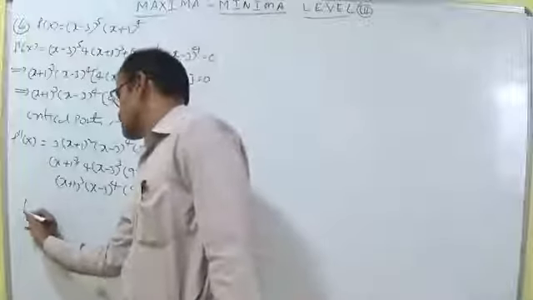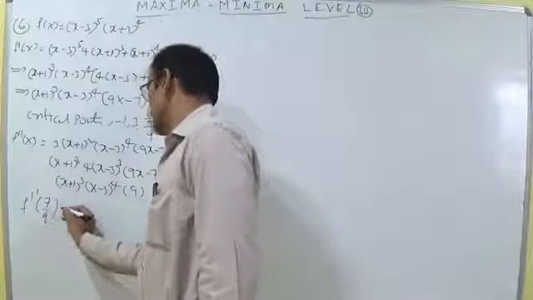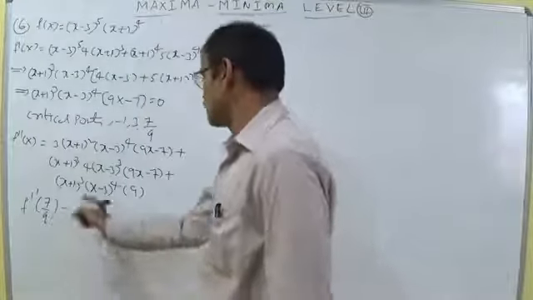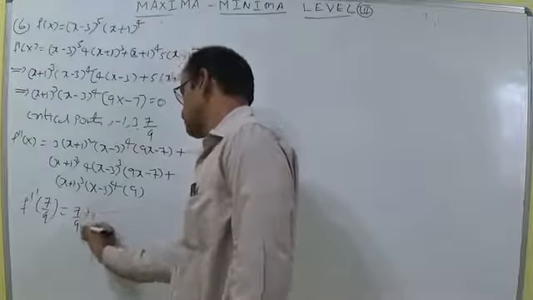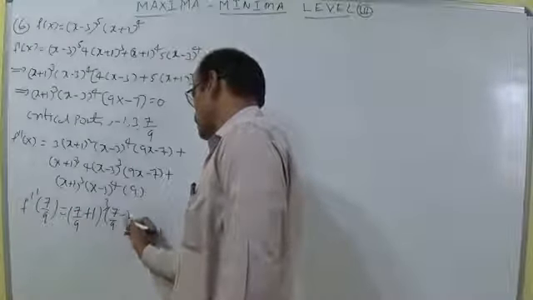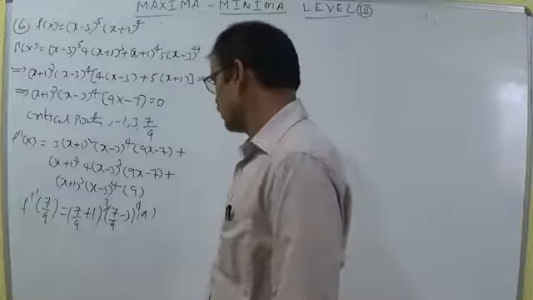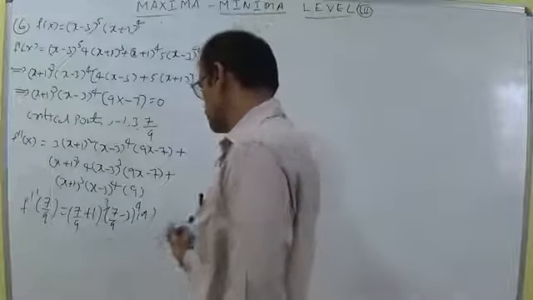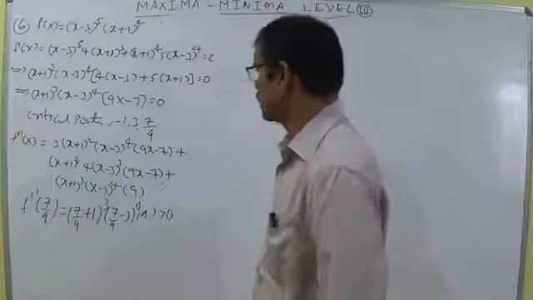Now let us discuss f''(7/9). F''(7/9) becomes: here you substitute 7/9 plus 1, (7/9+1)^3 into (7/9-3)^4 into 9. This is positive, this is positive, this is positive. So f''(7/9) is greater than 0 we got.